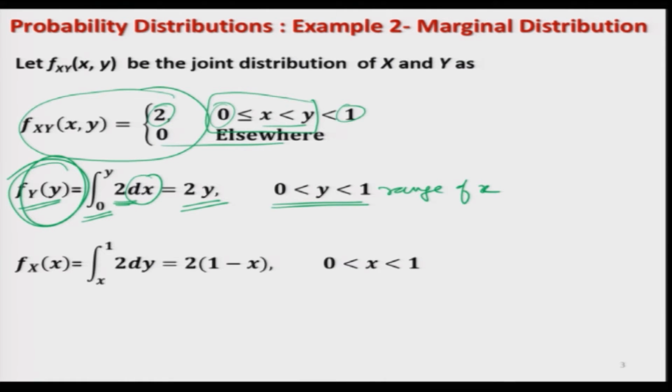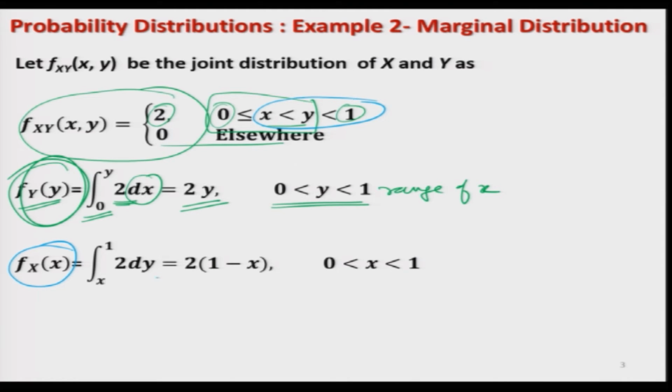And now I try to find out the marginal probability density function of x. This will be denoted by f of x, and you can see that this is going to be the integral over the range x to 1, because y is lying between x and 1.